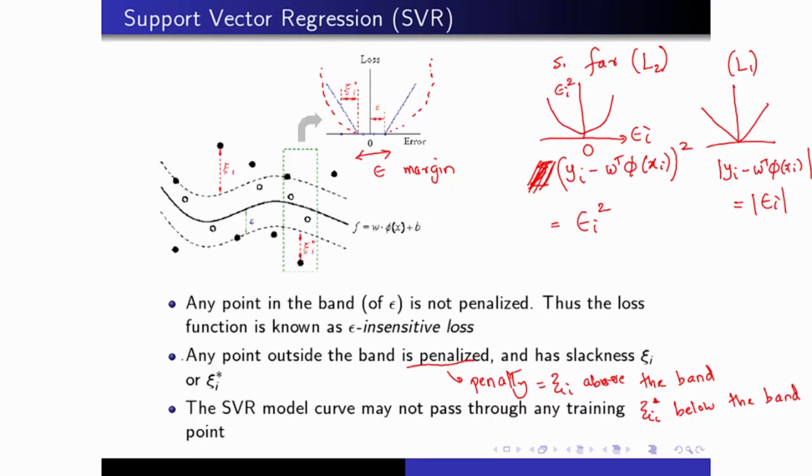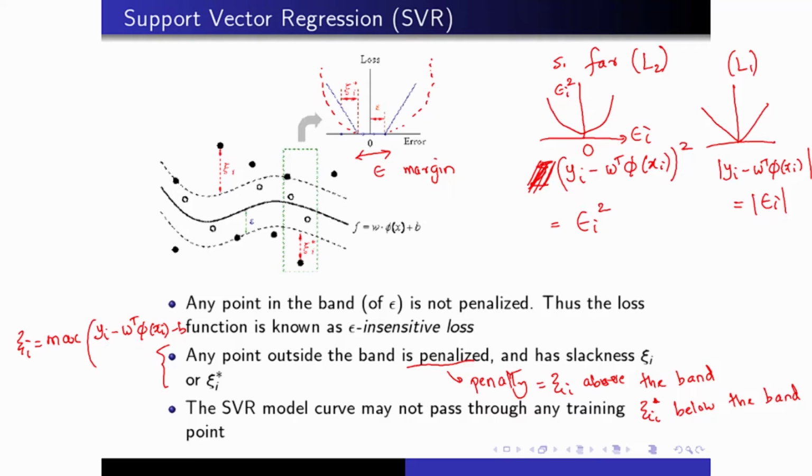So more specifically, what xi and xi star are can be written down as follows. So xi can be written as a max of two different quantities. If indeed yi is greater than w transpose phi xi plus b, then xi is that value.